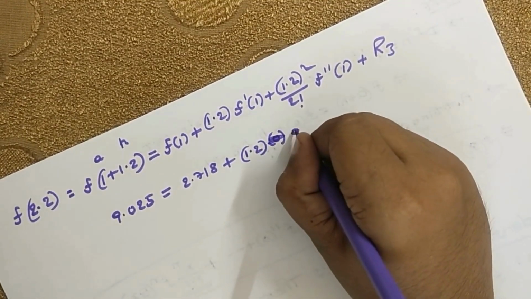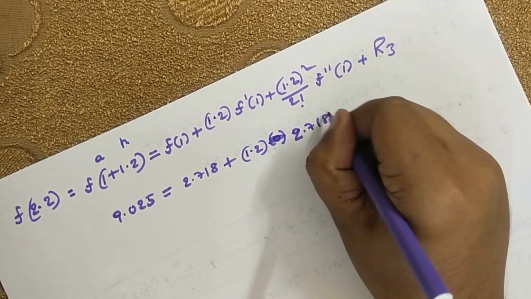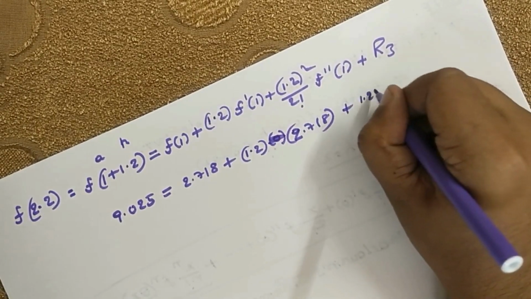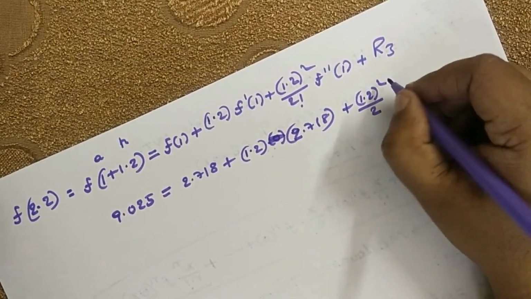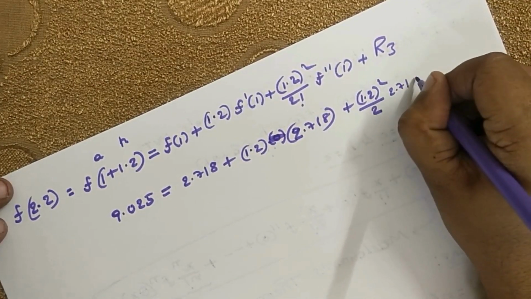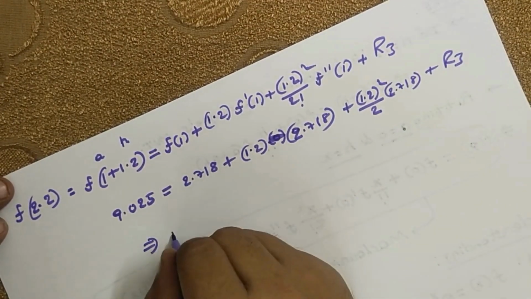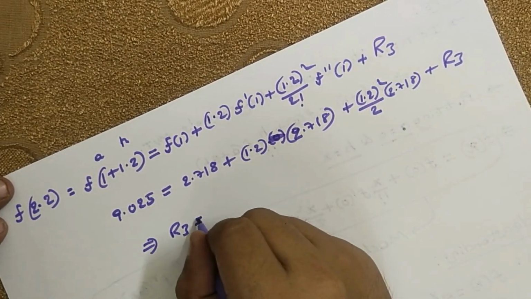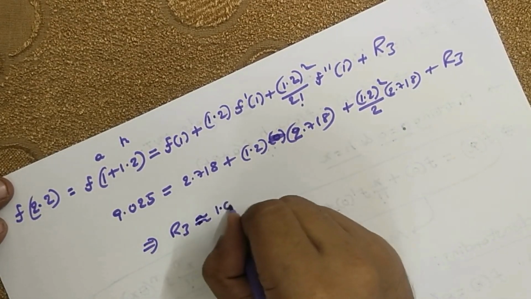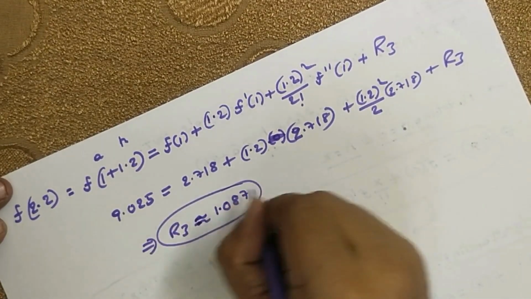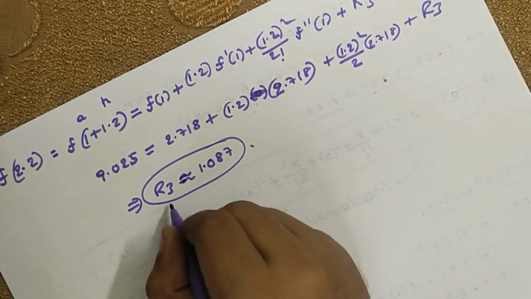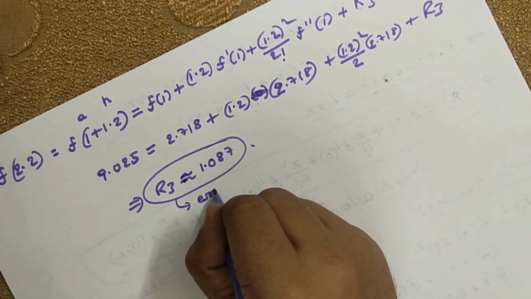So f dash of 1 means e power 1, which is nothing but 2.718 only, plus 1.2 square upon 2 into f double dash of 1, which again is 2.718 only, plus R3. If we simplify this, R3 is around 1.087. Let's say we take this as some error.